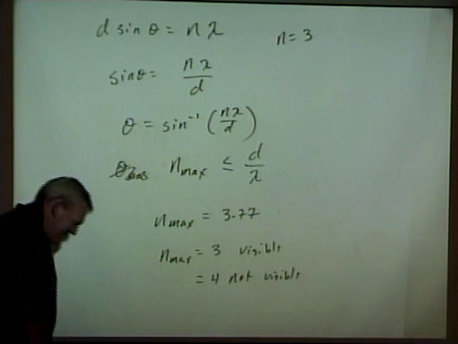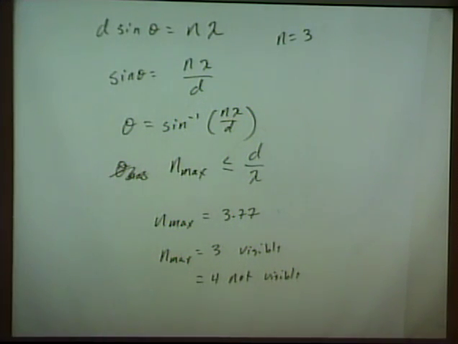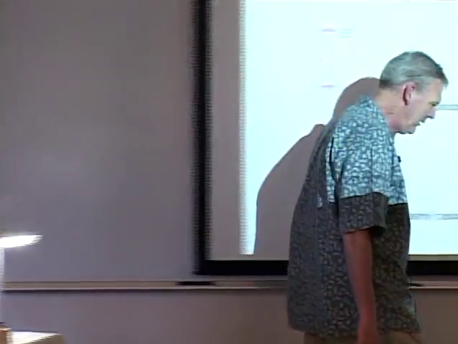All right, now, polarization is kind of a cool thing. Let's go back to the slides here. Hopefully they've got better slides for polarization. Yeah, here we go. Here's basically unpolarized light.